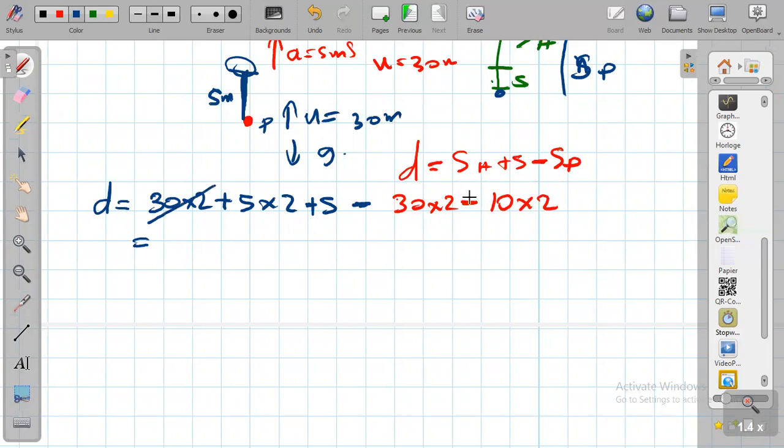Let's find out the distance here. This part can be completely cut off because it has no effect. It's 5 times 2 here and 10, plus 5 minus 20. There is a distance of minus 5.